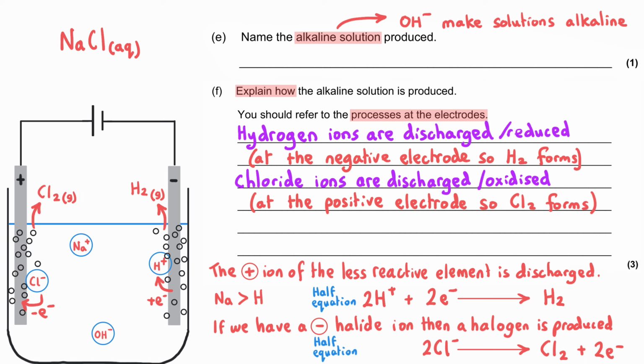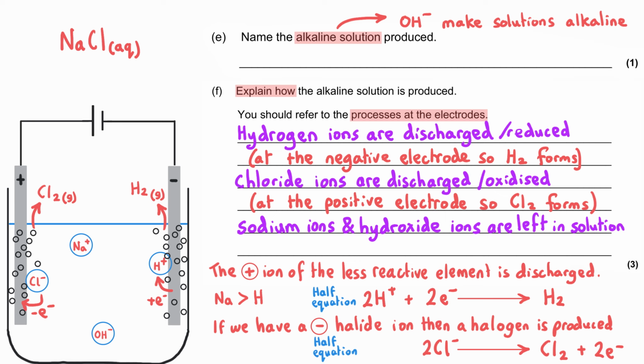And then finally, the sodium ions, Na+, and the hydroxide ions, OH-, are left behind in solution and they are not discharged. And that's actually what we need to say for the third mark for explaining the formation of the alkaline solution.